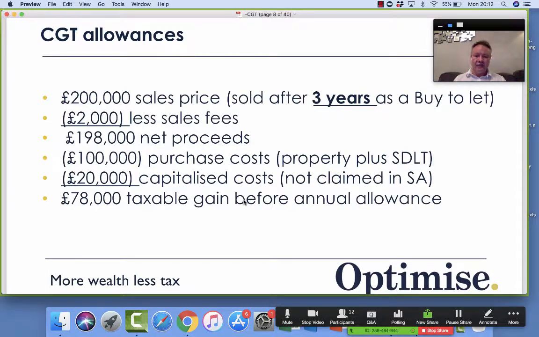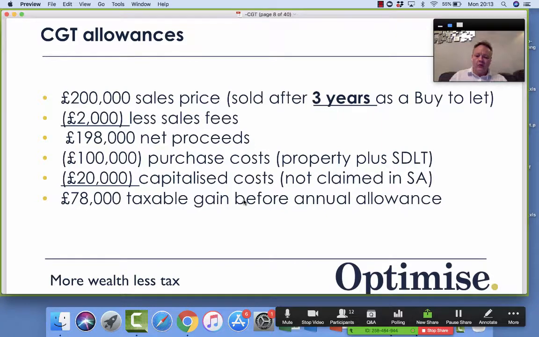So you can't have the costs allocated in your personal self-assessment tax return as well as having those same costs as a capitalised cost as well, because that would be double counting. So when we talk about capitalised costs, they can't have been claimed already in your self-assessment. That's why the SA is there, self-assessment.